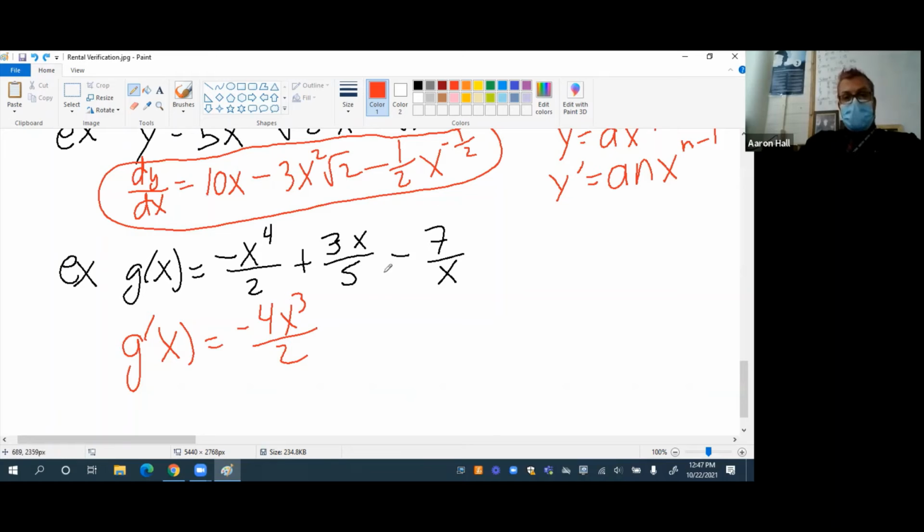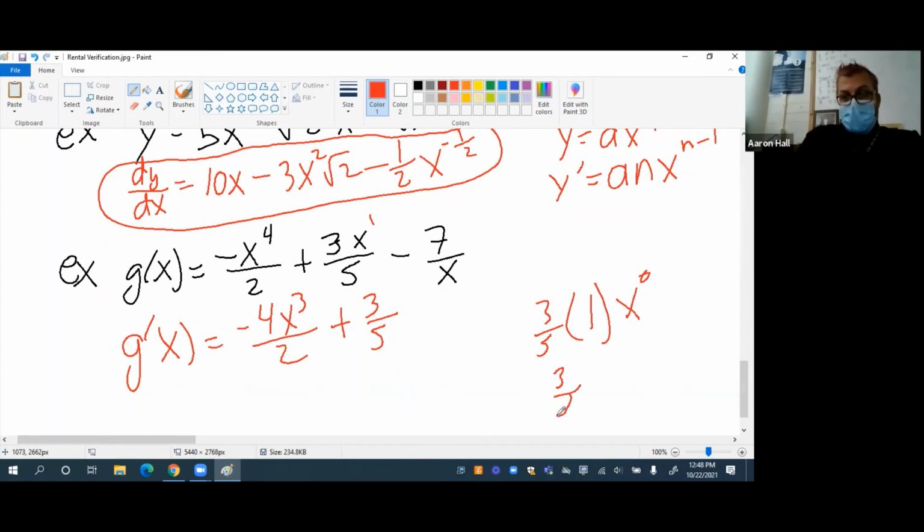Mariah, do you have the next one? Yeah, that's just our constant. So we're going to multiply by our exponent, which is 1, times x to the power of 0, which just becomes 1.